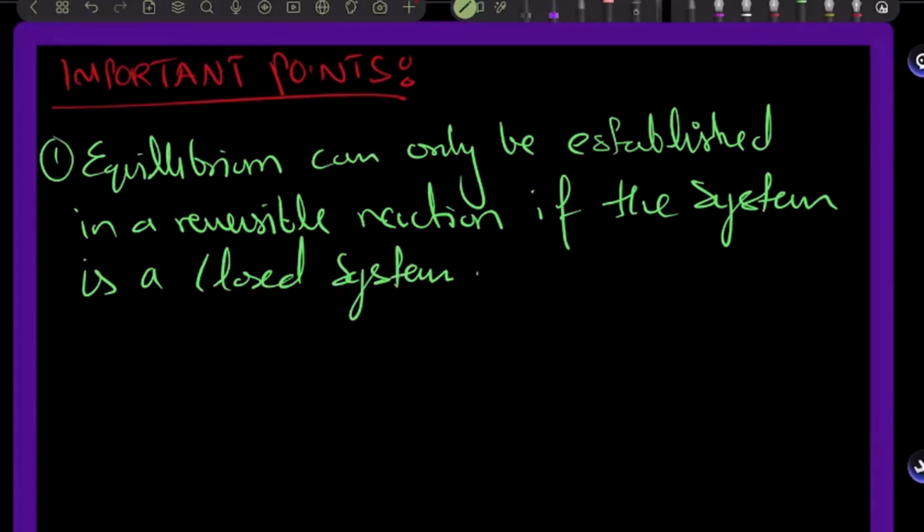This is the first point. In a closed system, a reaction can be reversible, and in a closed system, equilibrium can then establish.